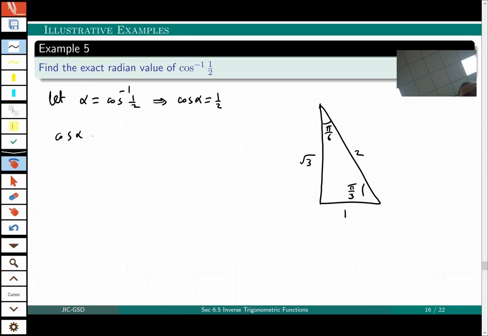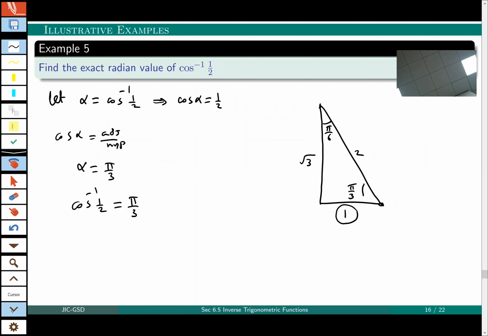Cosine alpha means adjacent over hypotenuse. Which one has adjacent 1? Is it pi over 6 or pi over 3? Clearly adjacent of 1 is pi over 3. So it's 1 over 2. This means alpha is pi over 3, and that will mean cosine inverse of 1/2 is pi over 3.